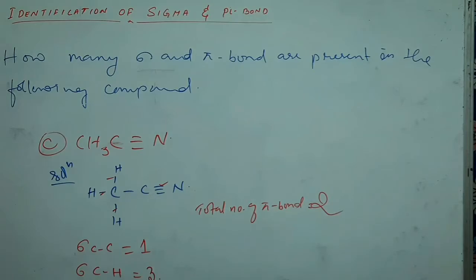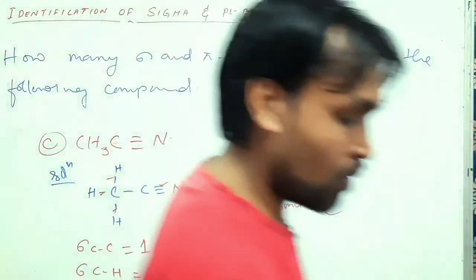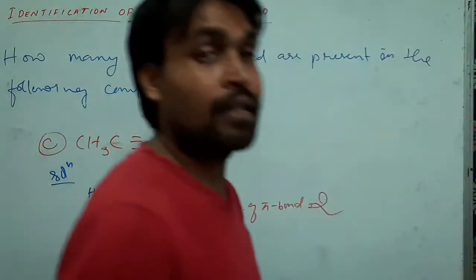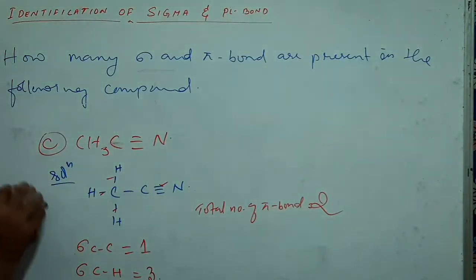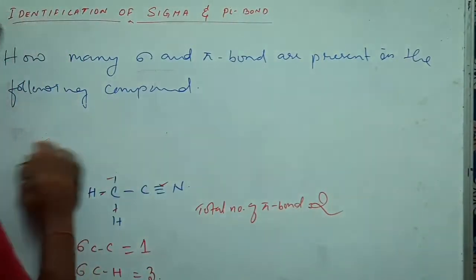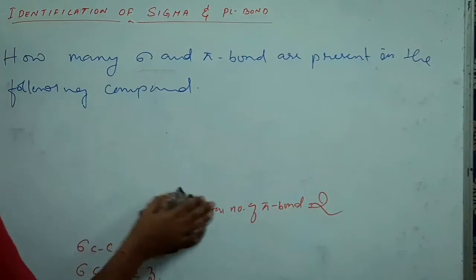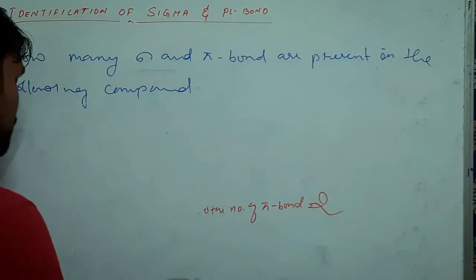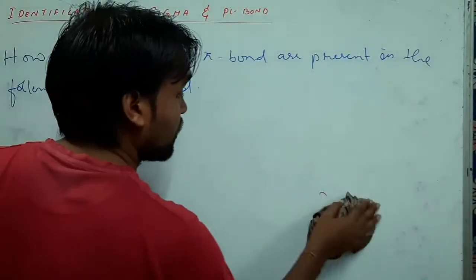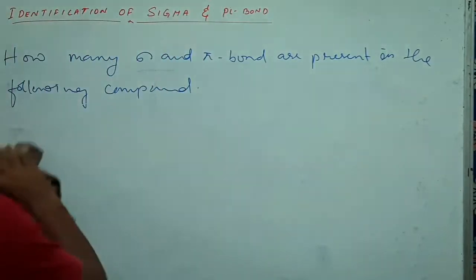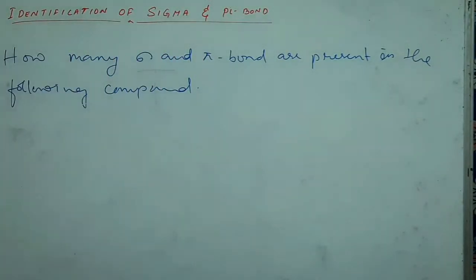Now if you have taken it down, let's do some more questions, so that you will get more and more clarity. I want everyone to have proper clarity on this, because this is a very important topic. Even in your board examinations questions used to come, and in competitive exams of course it will be coming.